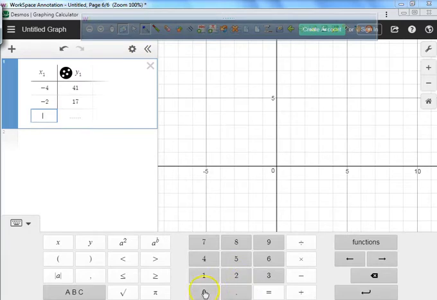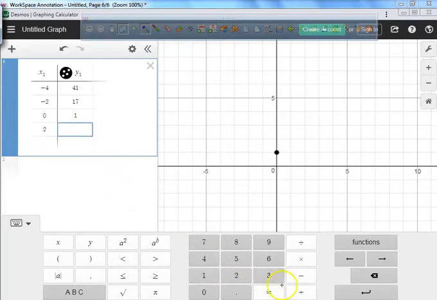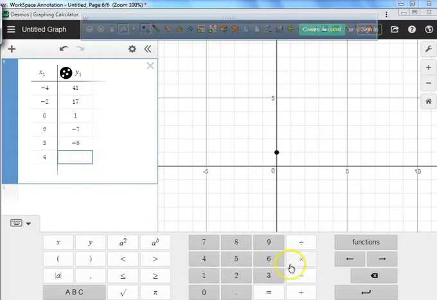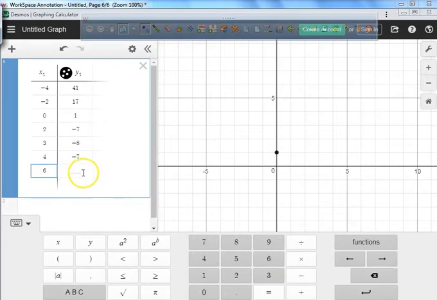Next one? 0 and 1. What you got? 2 and -7. 3 and -8. 4 and -7. 6 and 1. So if you get stuck on one of these problems and you're not sure what to do, just type it in Desmos. Okay?